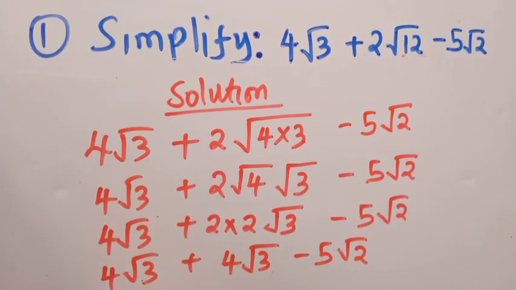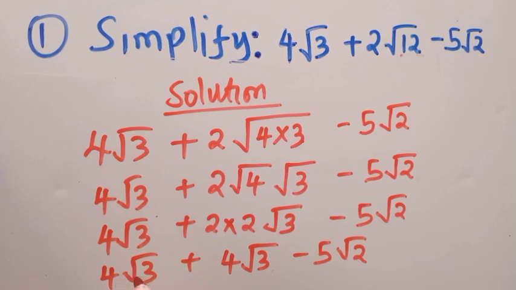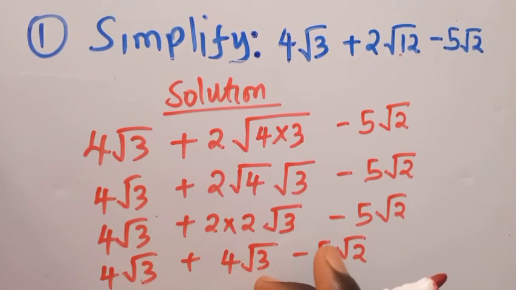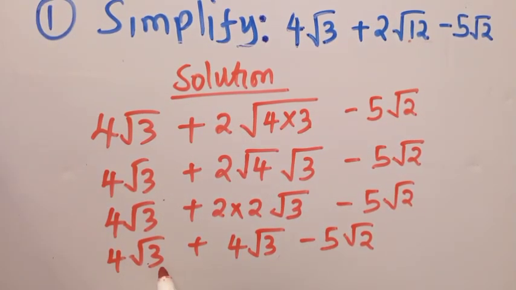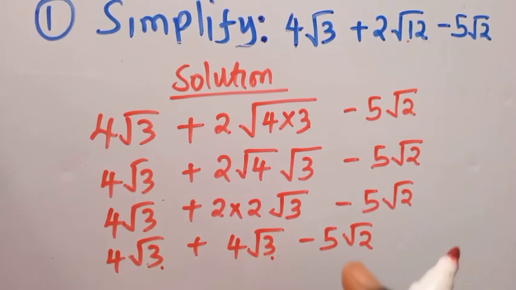So in this case, we have 4 root 3 and 4 root 3. These are like terms. Why? Because the number that is under the root sign is the same and also the order is the same. So those are the two things that you consider when collecting like terms.